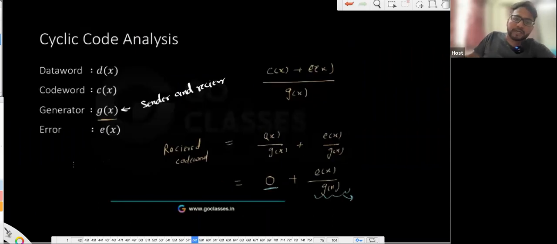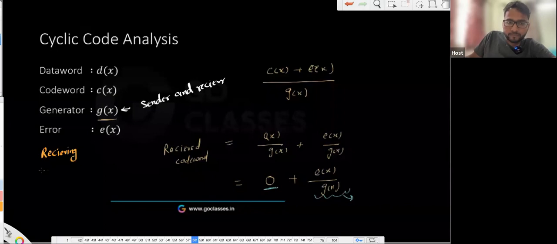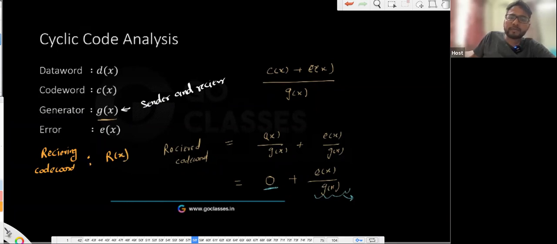So suppose the receiving code word is Rx. Then can you tell me the relationship between Rx, Cx and Ex? Yes, 2x square is 0.